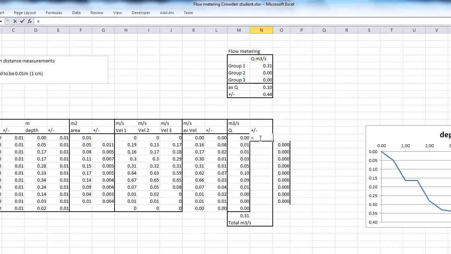We can put in a couple of brackets to start with, but we can come back and make sure the brackets are right as we go along.